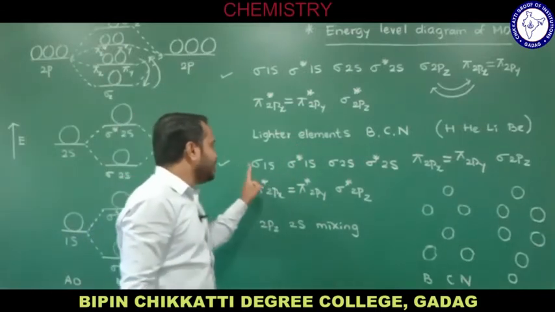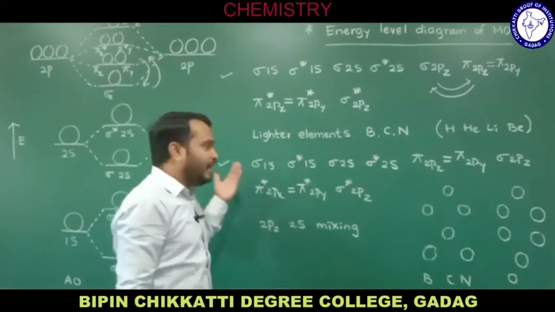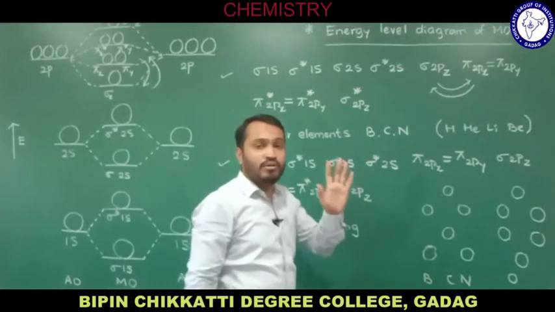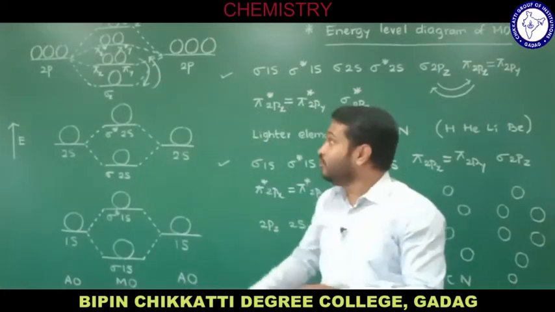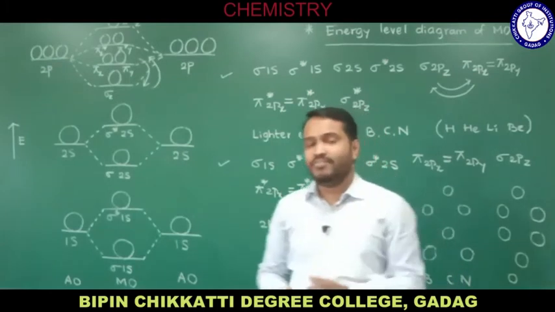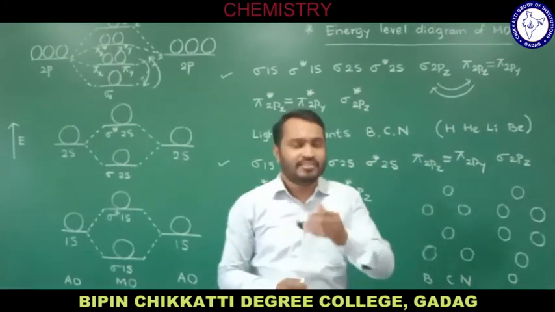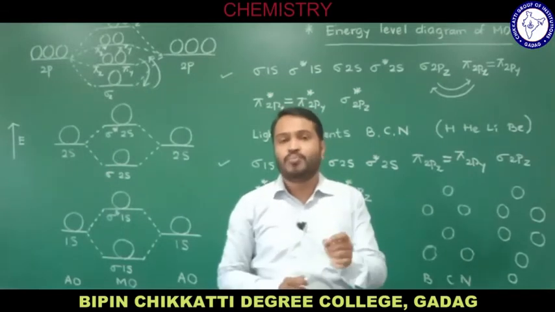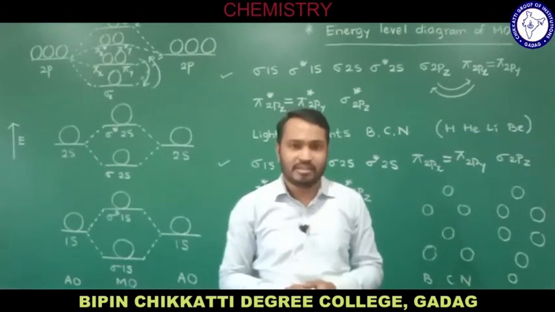Remember that sigma 1s is the minimum and it goes on increasing in this fashion. That would be the molecular orbital treatment, and this is how the energy level diagram can be drawn. If you know the energy level diagram of molecular orbitals, then we'll consider some examples and try to know what would be the bond order in these examples.